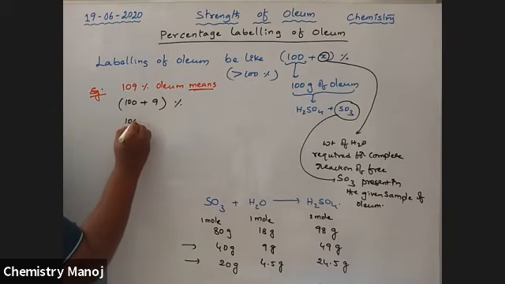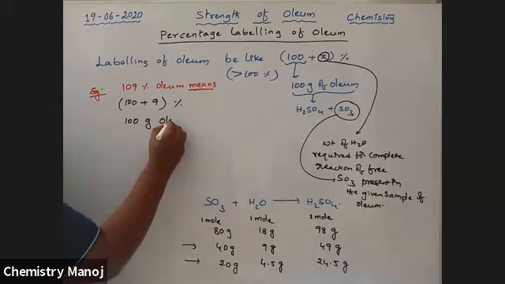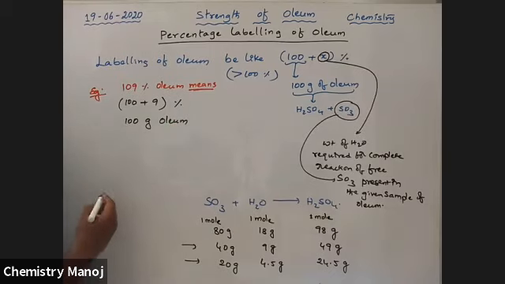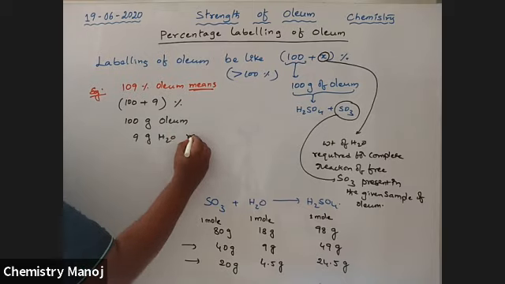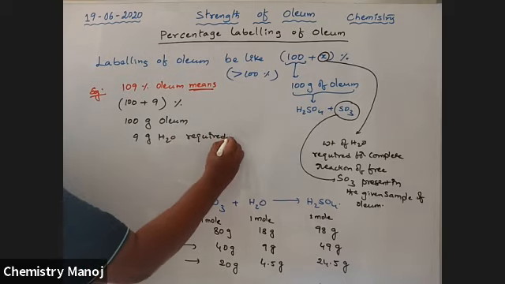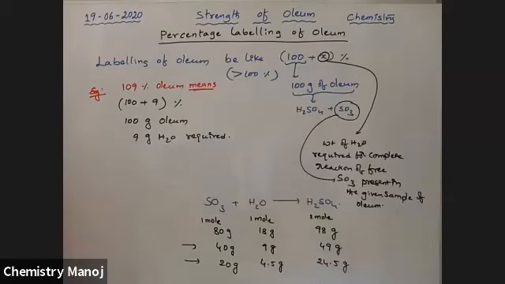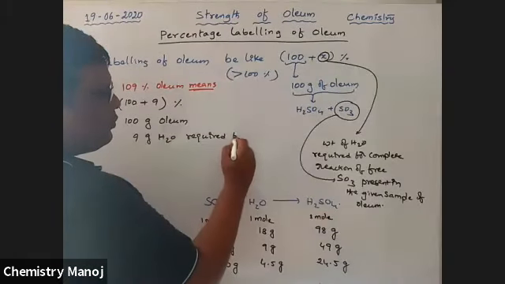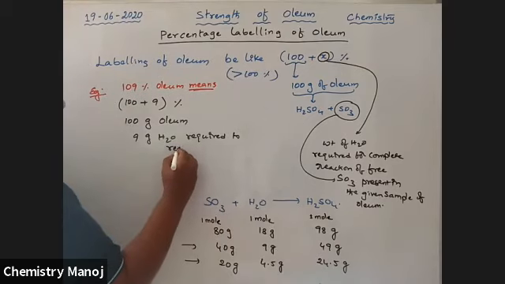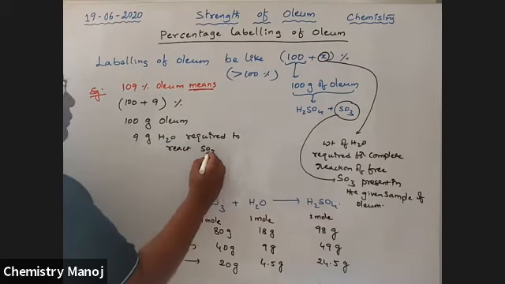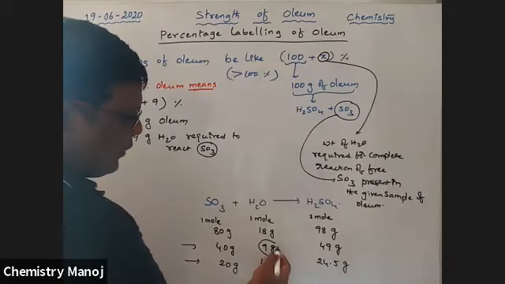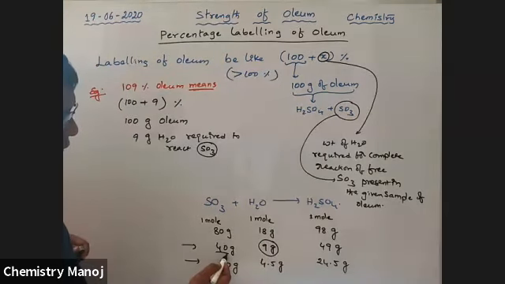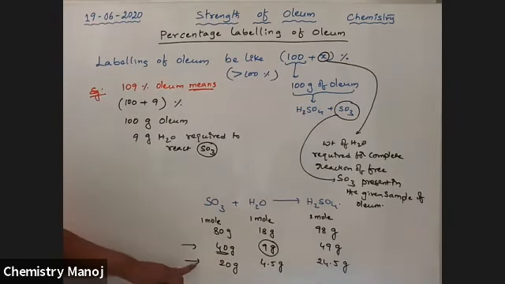That means 100 grams of oleum is there and 9 grams of water is required to react with SO3. 9 grams of water required means how much SO3 is there?